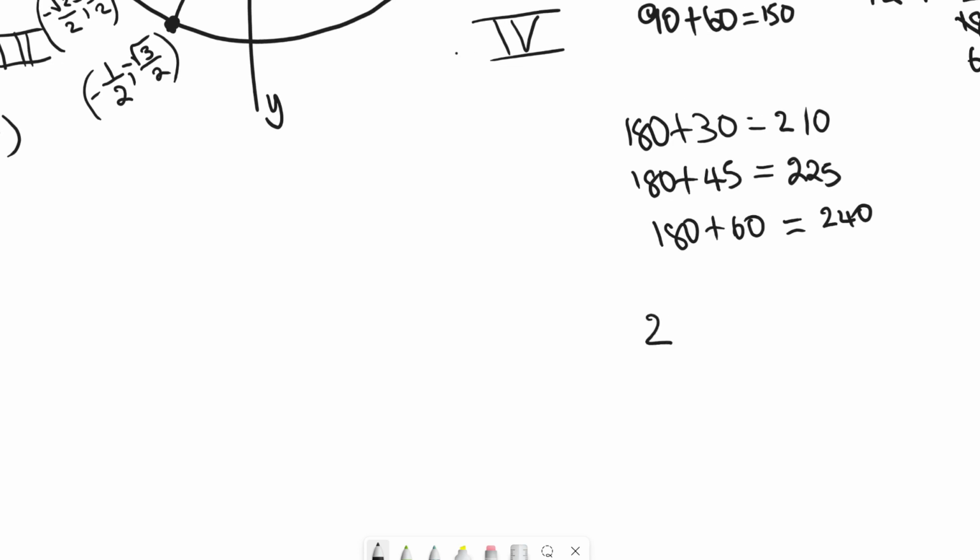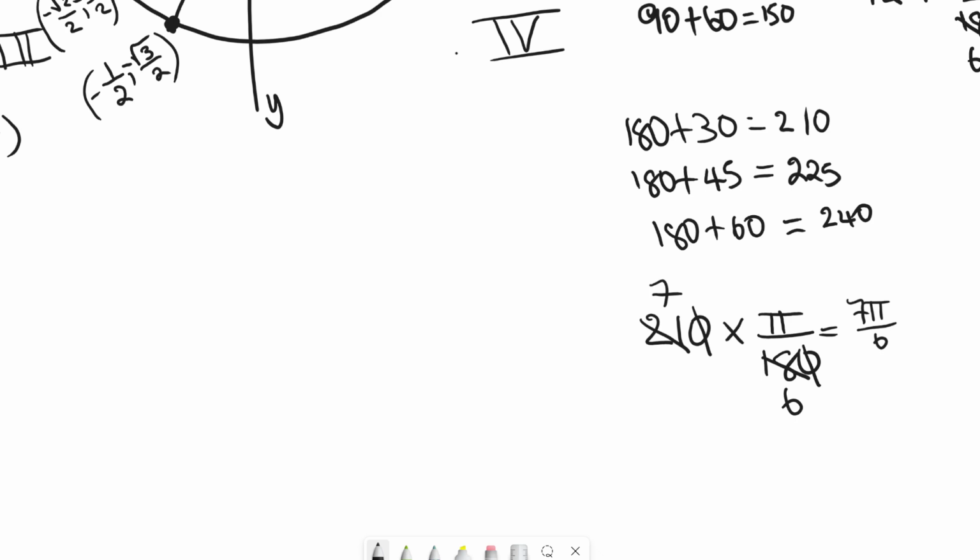So we have 210 times pi divided by 180. I see my zeros, so I'll cross those out. Alrighty, so 3 divides 21, 7 times, and 3 divides 18, 6. So this is going to be 7 pi over 6.